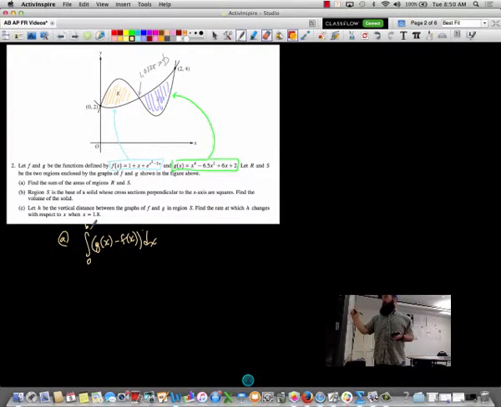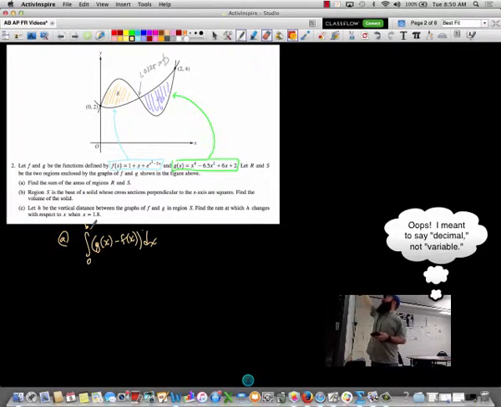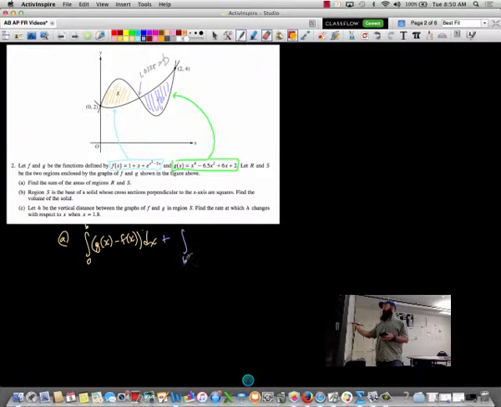Since I've already defined what b is, I don't have to rewrite that variable. Then the second integral starts at b and goes to 2, and the two functions switch places because the one that's on top has changed spots.